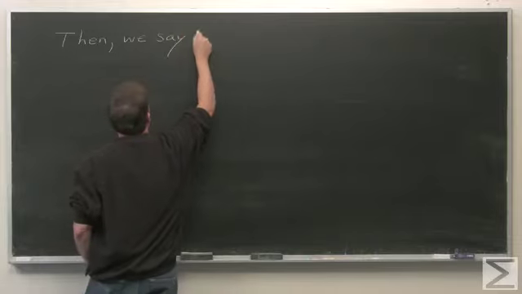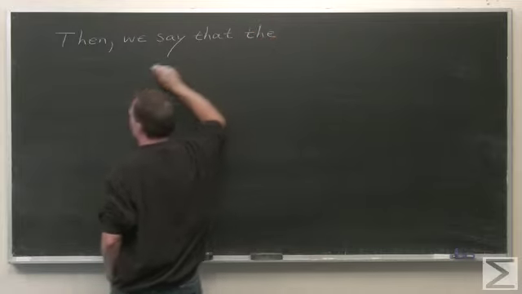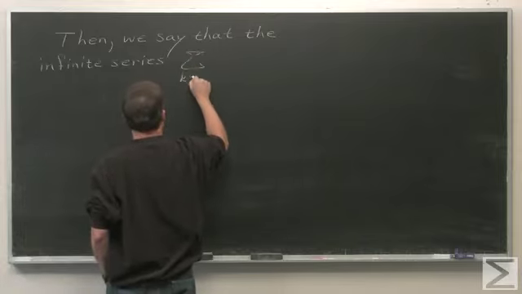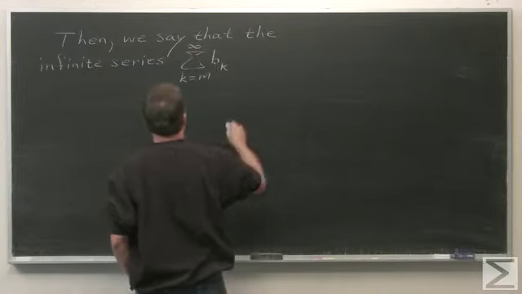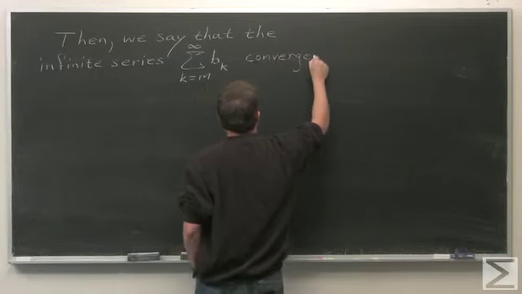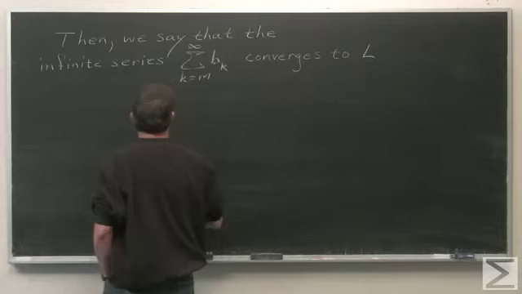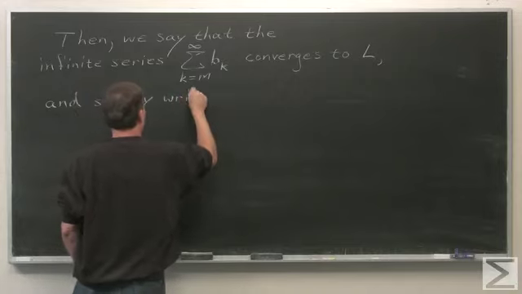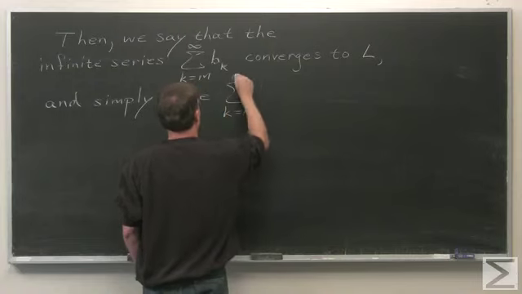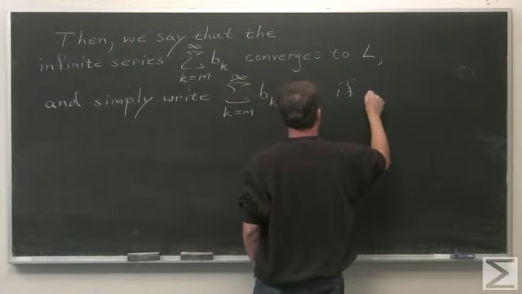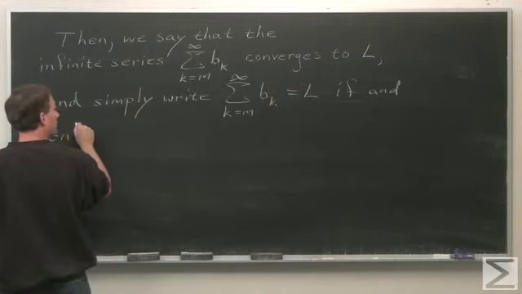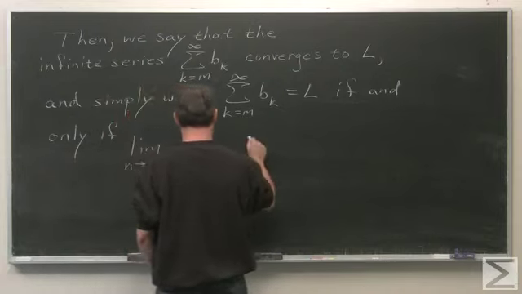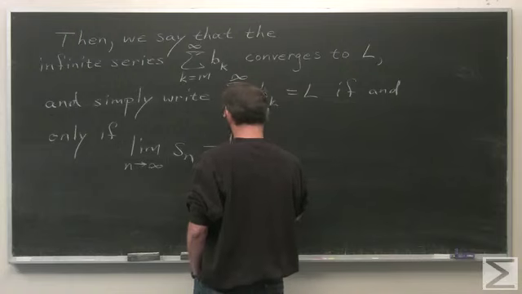we say that the infinite series, the sum as k goes from m to infinity of bk, converges to some limit L, and we simply write equality, if and only if the limit as n goes to infinity of the partial sums, which I'll write out just so it looks very clear, I hope.